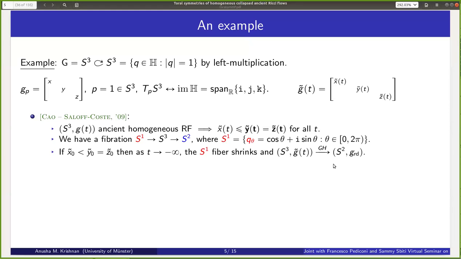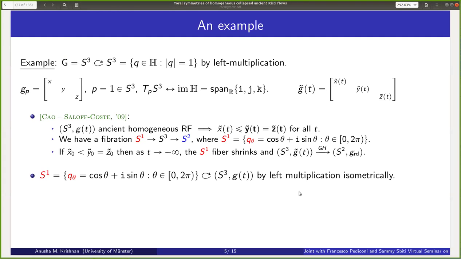So we are going to try and interpret this result in terms of toral symmetries. This circle S1, of course, is a subgroup of S3. It's acting on S3 by left multiplication isometrically. But just as a Lie subgroup, it could also be acting by right multiplication, or even by left and right multiplication at the same time, by the adjoint action.